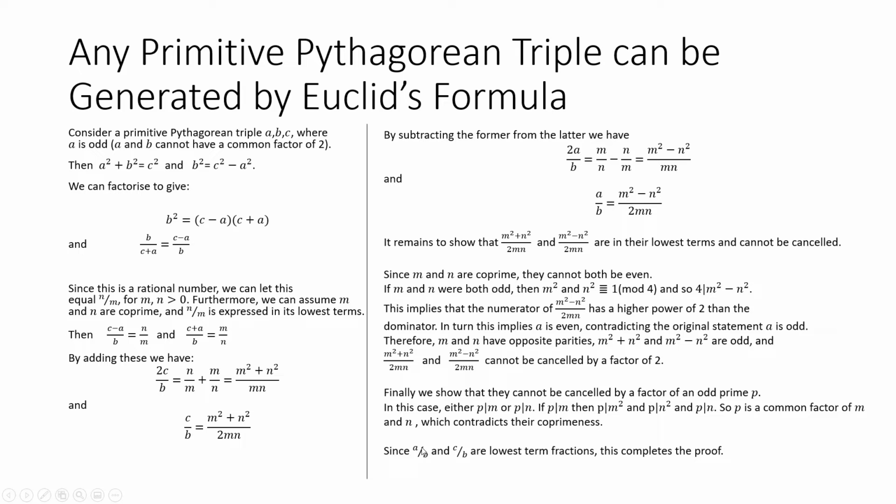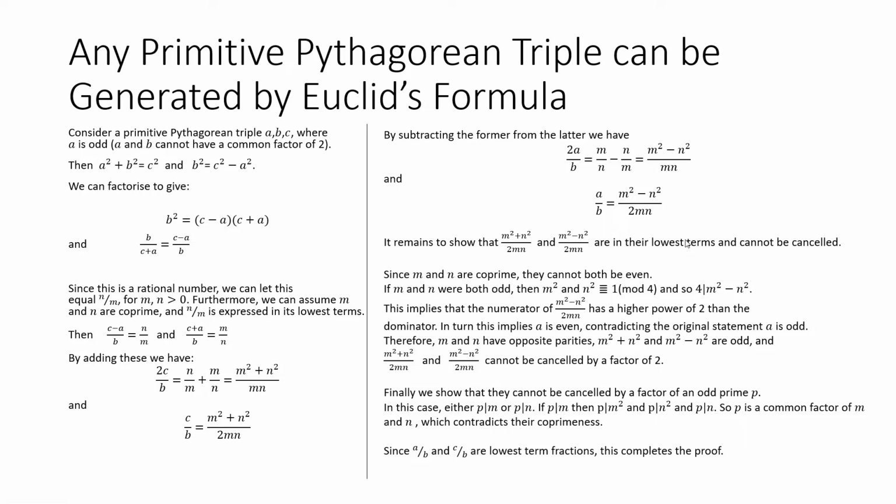We said at the start a over b and c over b are both in lowest terms. We've just shown that the right hand side of the equation is also a fraction in lowest terms. So c equals m squared plus n squared, b is 2mn, and a is m squared minus n squared. That completes the proof.